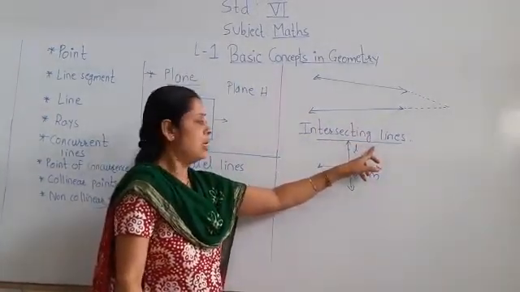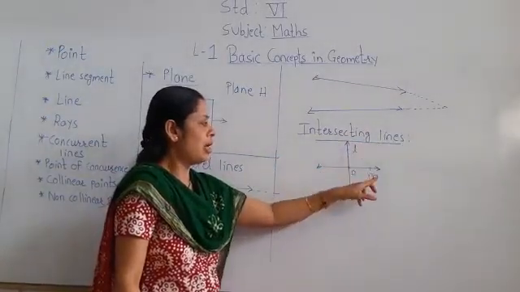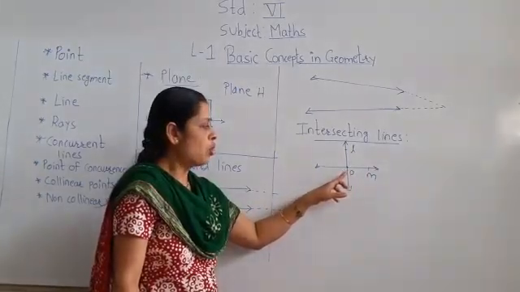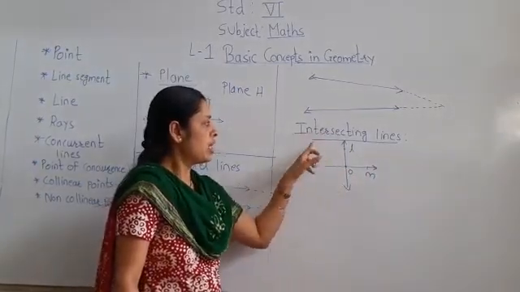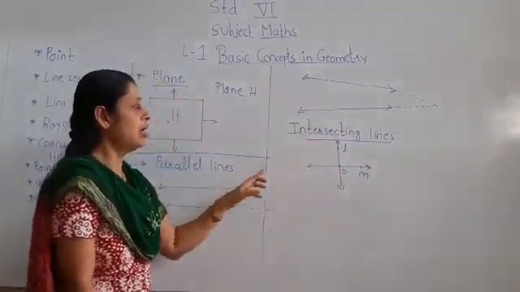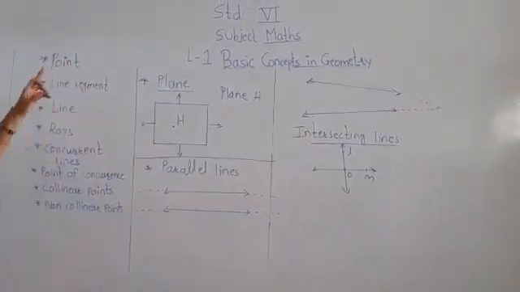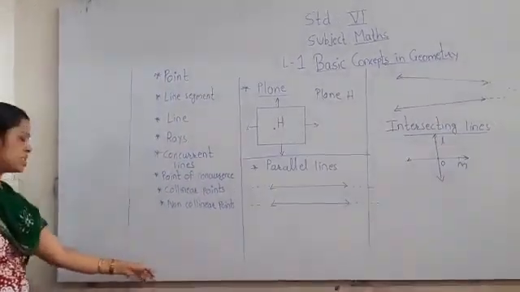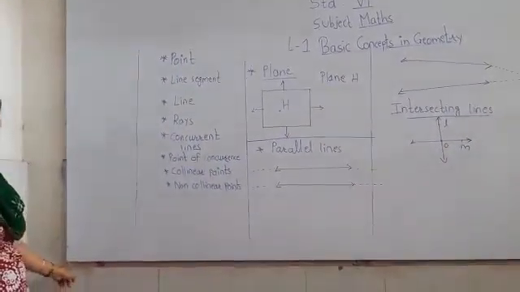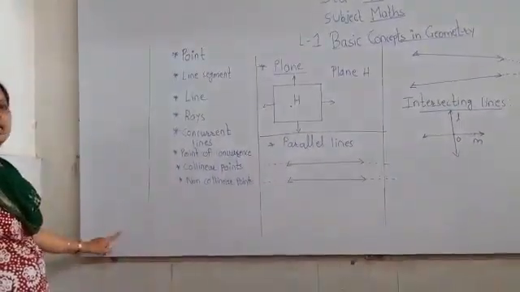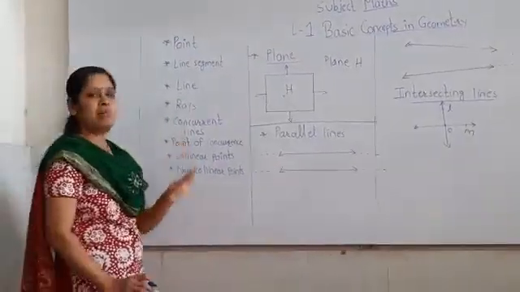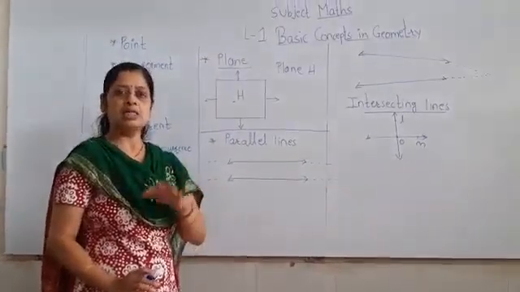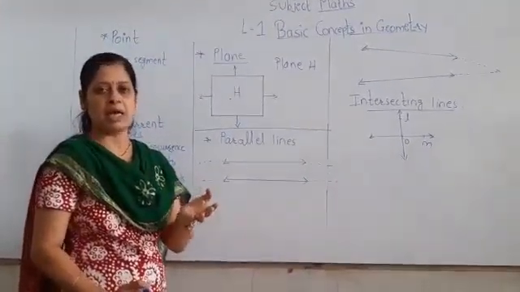For example, here line L and line M intersect each other at point O. For an example of intersecting lines, just observe the board. This vertical line and horizontal line meet each other at a single point. These lines are called intersecting lines. Then in mathematics we use the plus sign and multiplication sign. It is also an example of intersecting lines.